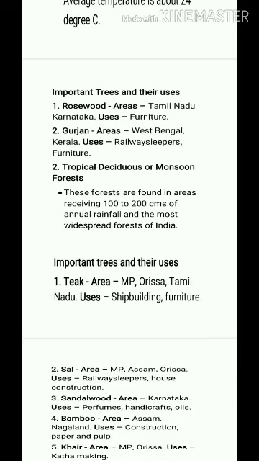It is the main important forest which is found in large areas in India. Trees of these forests shed their leaves for about 6 to 8 weeks in the dry summer, but the period of shedding is different for different species, so the forest does not become bare at any time.